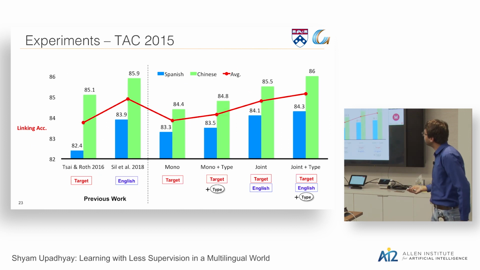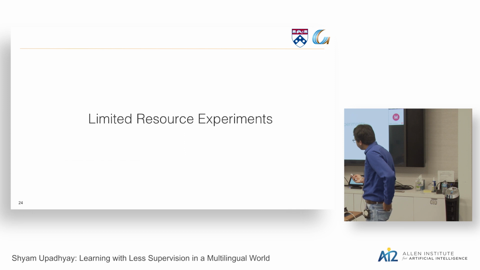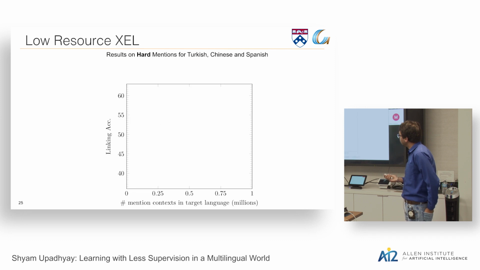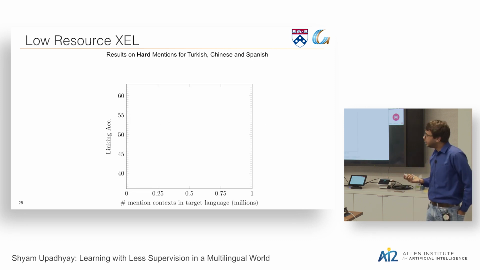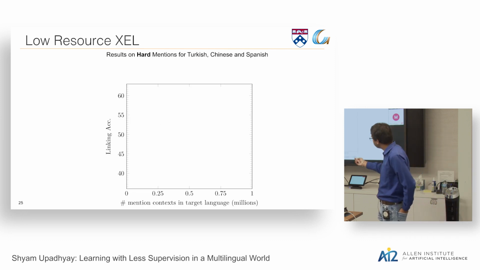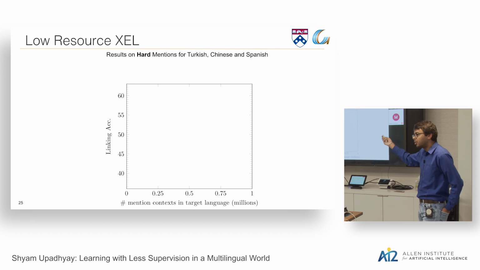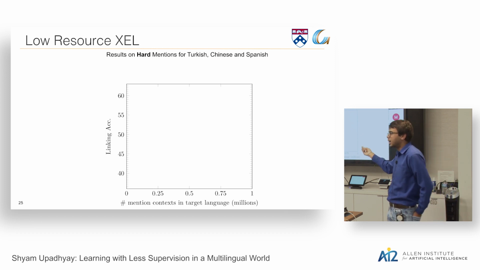Okay, so moving on. A more interesting set of experiments is the one where you have limited resources in the language of interest. In particular, what I'm going to do here is gradually increase the number of mentions available as supervision in the target language on the x-axis and keep track of the performance in terms of linking accuracy on the y-axis.